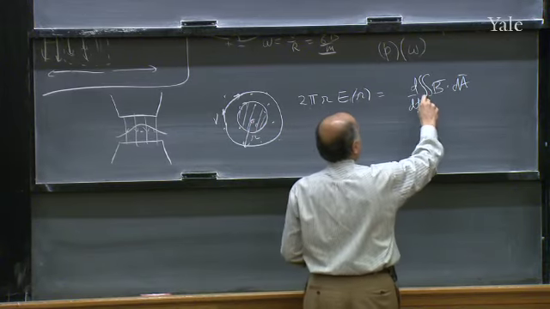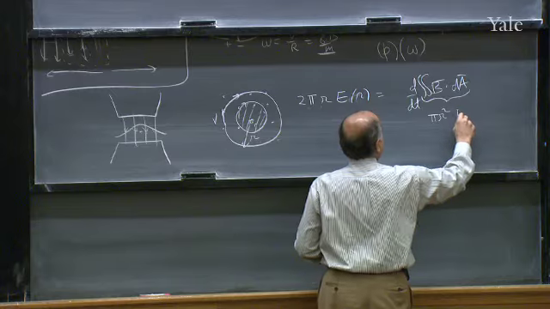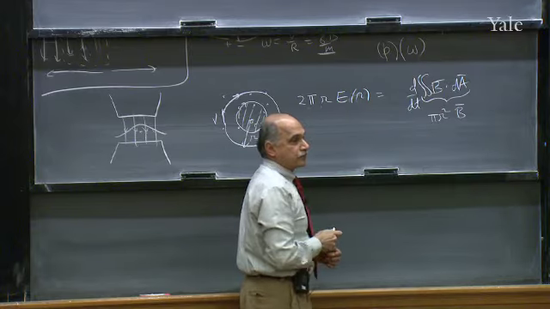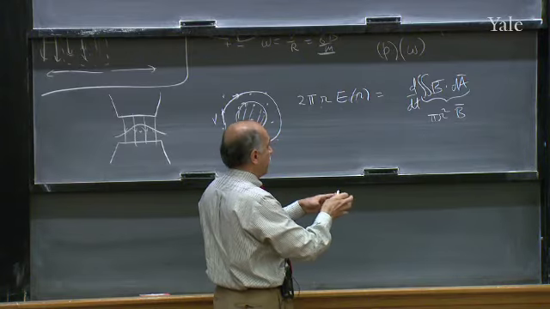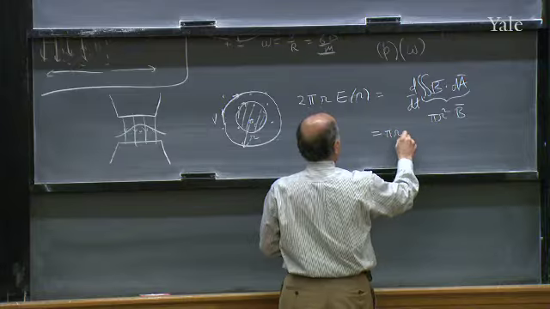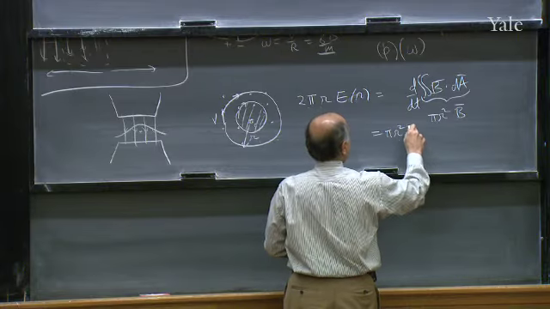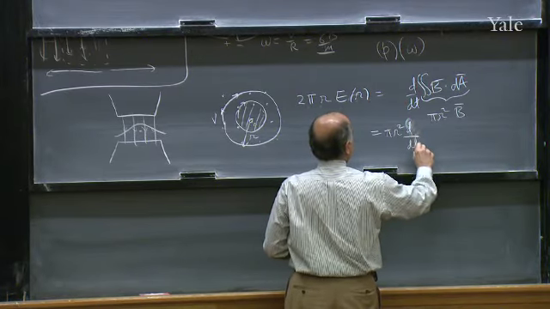Now that integral of B dot dA, I'm going to write as pi r squared times some average B. That's how we define the average. The total flux through the radius, when the field is varying with distance, can always be written as the area times the average B, and the time derivative of that is, if you like, d by dt of B bar.